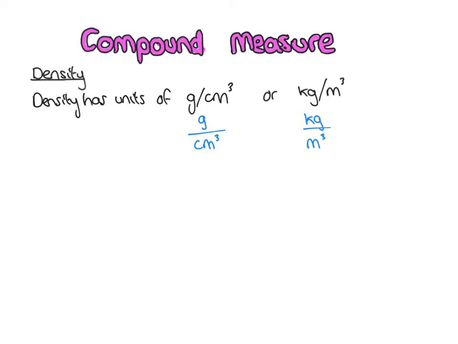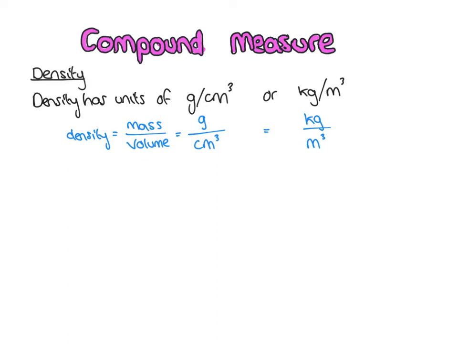We know what both of these units are. That's a mass on the top, and that's a volume there. So density is mass divided by volume.